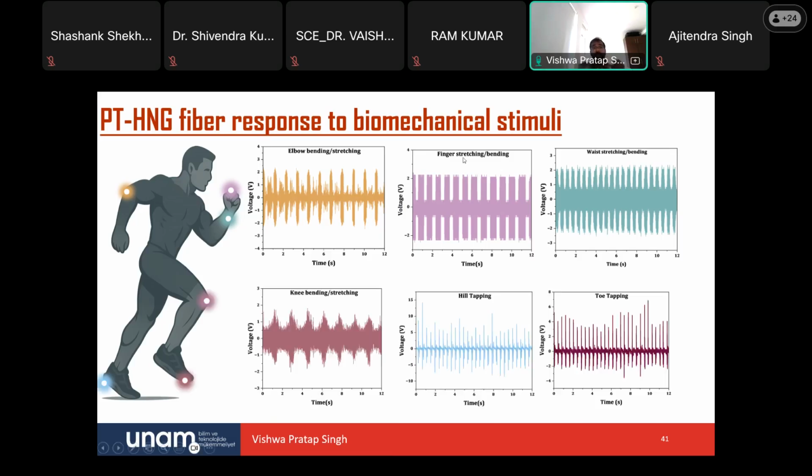We put this at every joint, let's say elbow, fingertips, waist, everywhere, and even on knee bending. We are getting really fantastic output, and this is sensing so accurately. They are suitable for physiological or biomechanical devices. They can be used in place of very sophisticated devices.